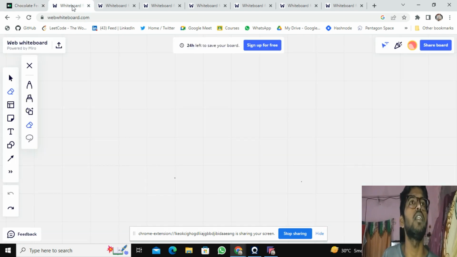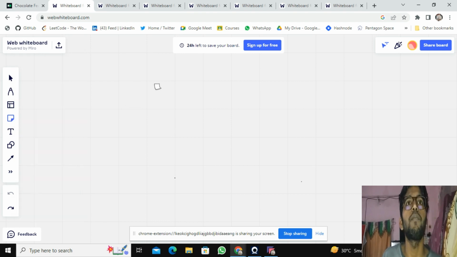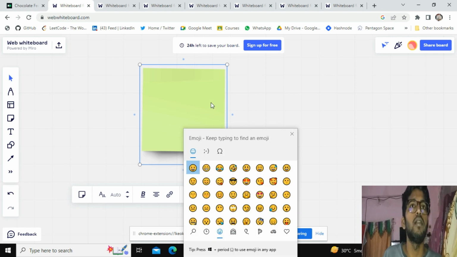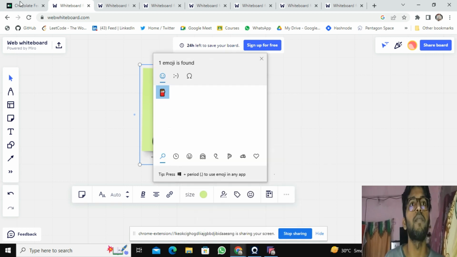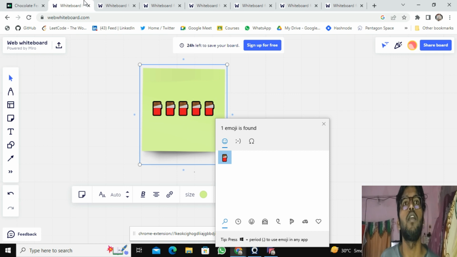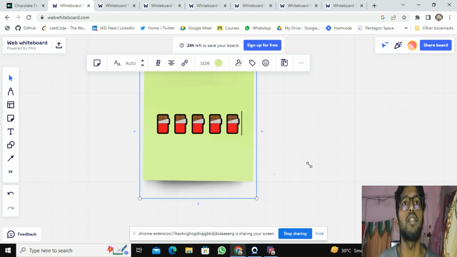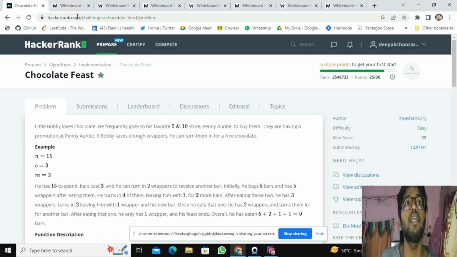So here I'll show you this. Let's say initially I have the chocolates, and as you can see, I have 15 rupees.